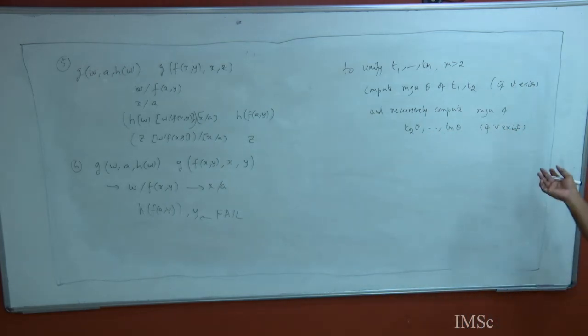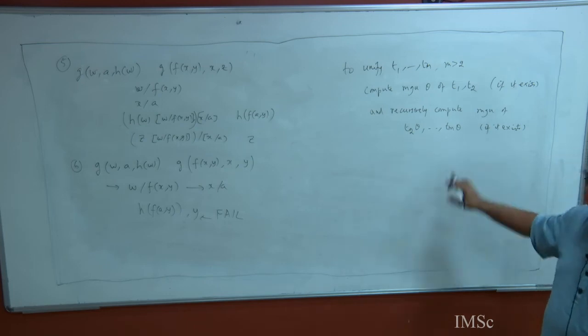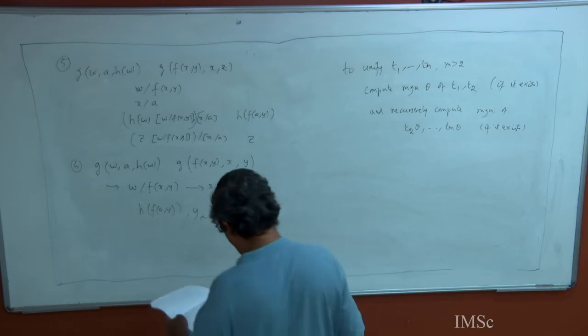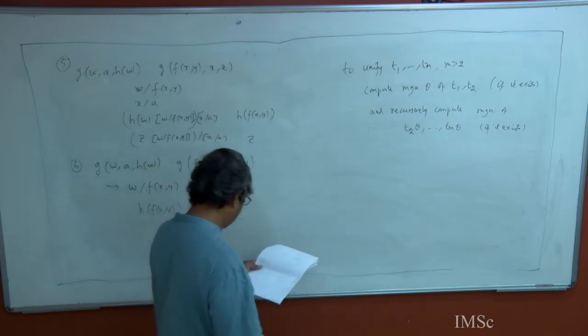So T1 theta is the same as T2 theta, and from there you continue, and at any time if it fails, the whole thing fails.